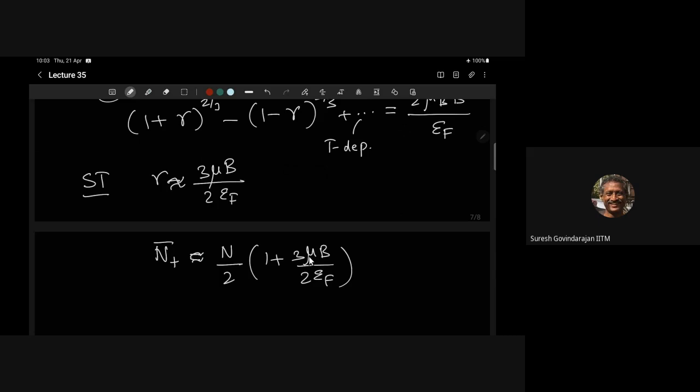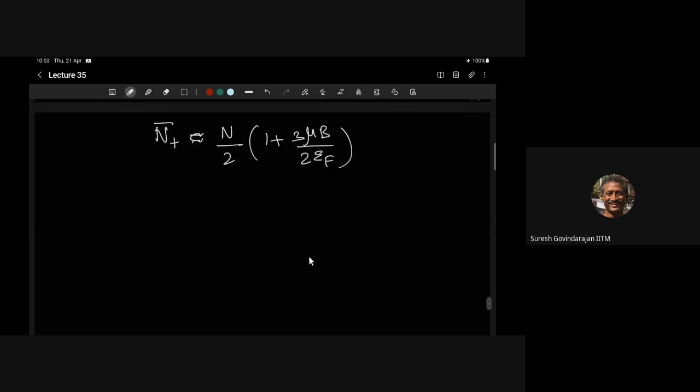This is what we get. Okay. So now we can compute. Once we have n plus minus, we can compute M and chi.